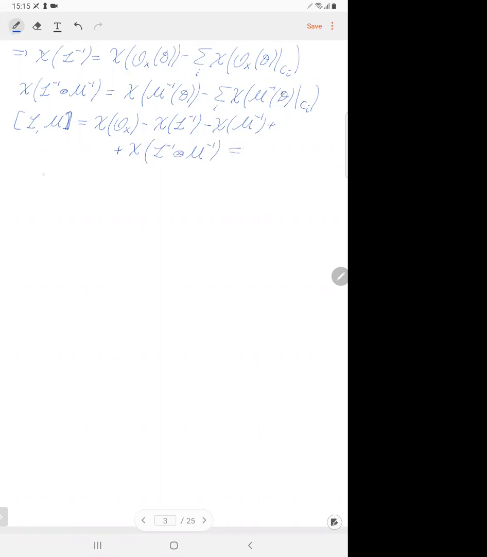Okay, and now we just plug in the above expressions for Euler characteristics.